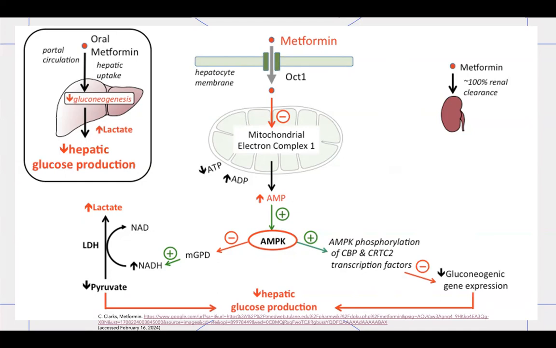Moreover, there have been some recent studies done on gut microbiota, which may be a target site of metformin, as shown by the dysbiosis of the gut microbiota in type 2 diabetes patients.